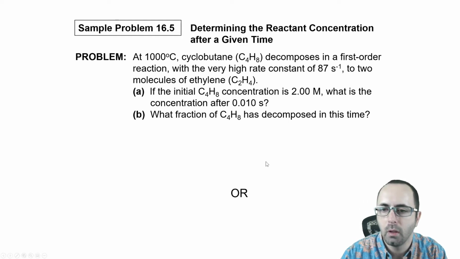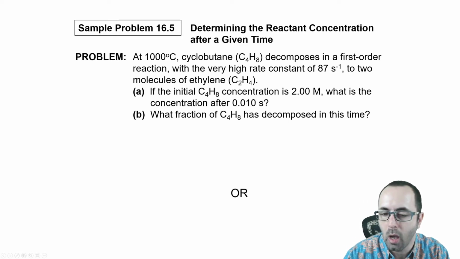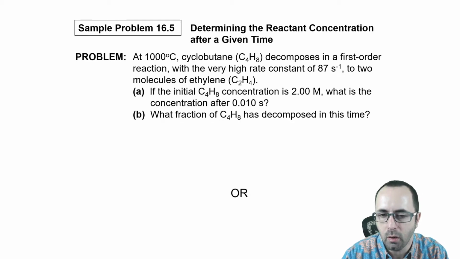So, how will we use this? Well, it's exactly for this type of problem that we'd want to use this. At 1000 degrees Celsius, cyclobutane decomposes in a first order reaction, so we know this is first order, with a very high rate constant, 87 seconds to the minus 1 power. And it makes 2 molecules of ethylene, C2H4.